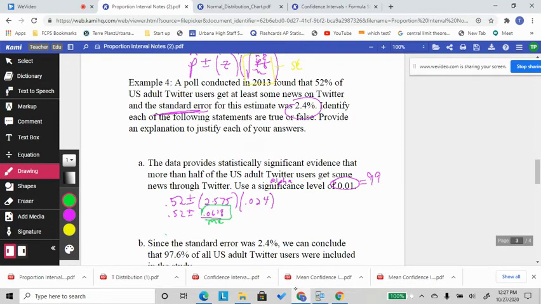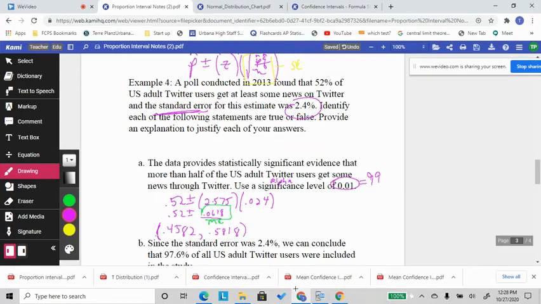All right, so lower bound was 0.4582, and my upper bound is 0.5818.